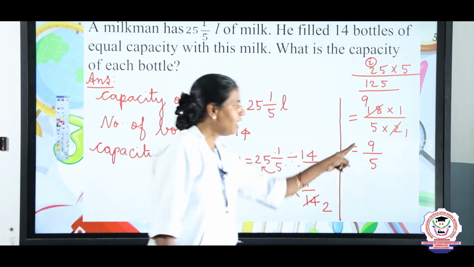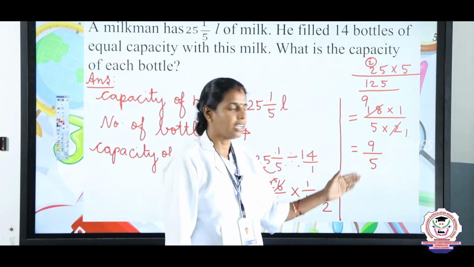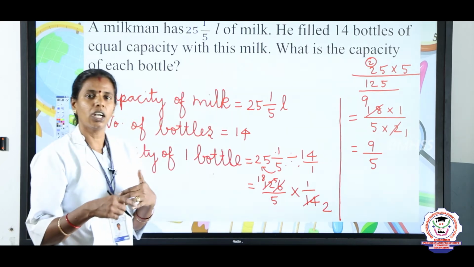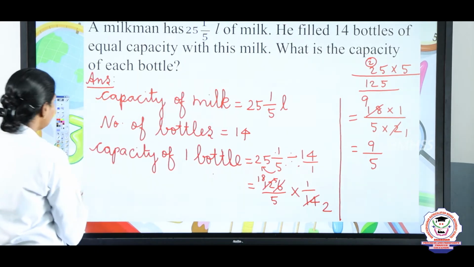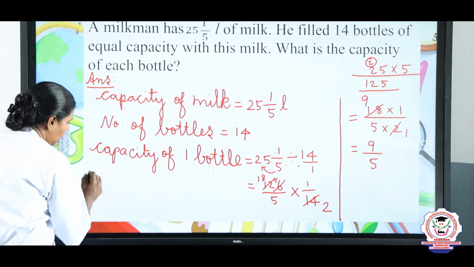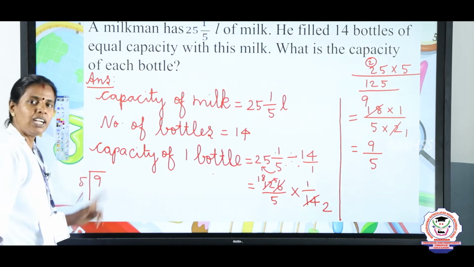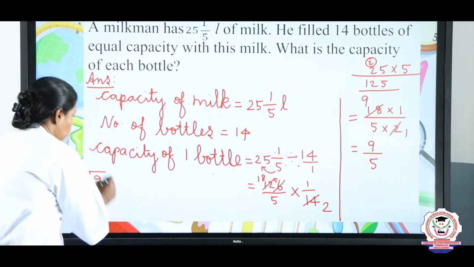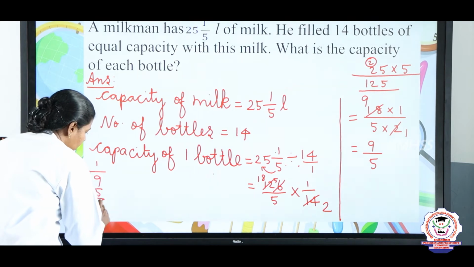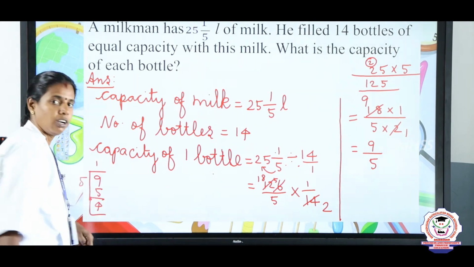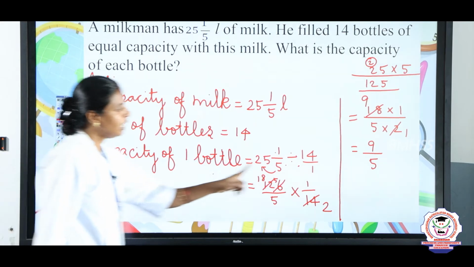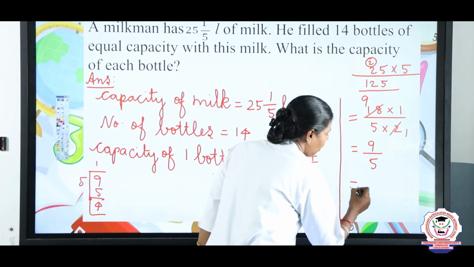Now 9 by 5 is an improper fraction, which needs to be converted into what? A mixed fraction. So divide 9 by 5. How many times can you divide? 5 1s are 5. The remainder is 4. First, in the whole number place we are going to write the quotient.